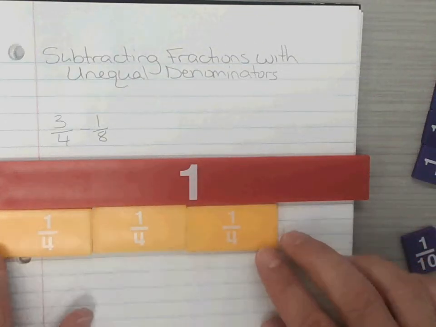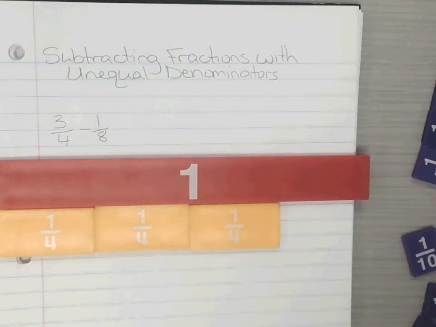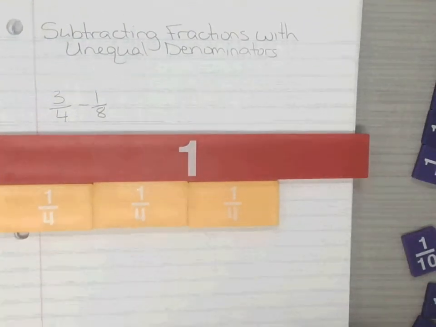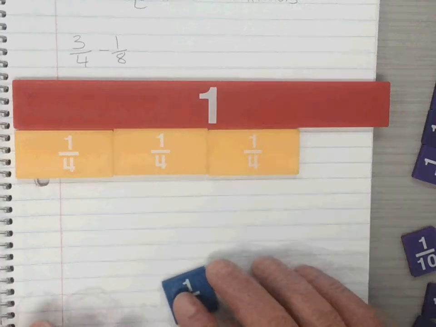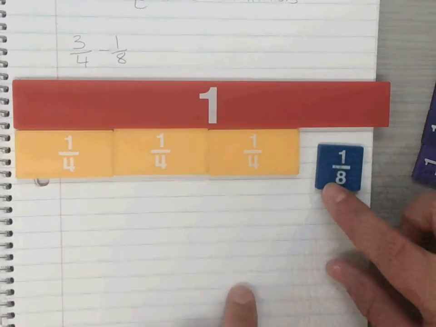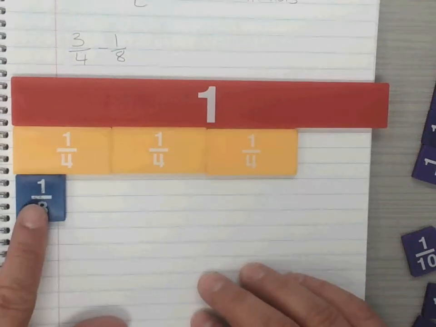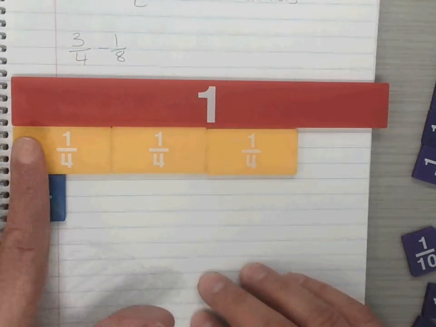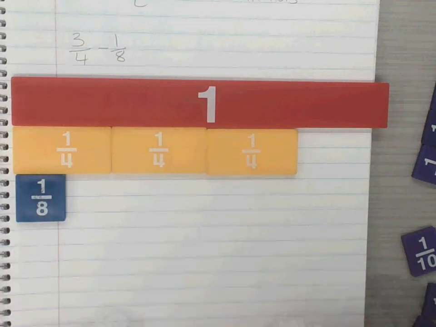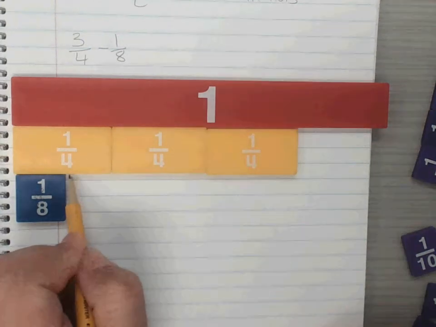We have 3/4. Now we're going to be a little different than the addition. Instead of putting the 1/8 here and putting them together, we're going to put 1/8 here. And this is what I'm taking away. I'm taking away 1/8. Well, what do I have left?